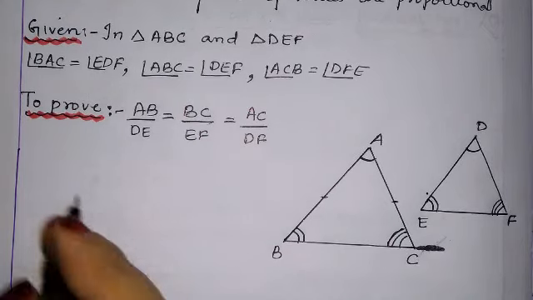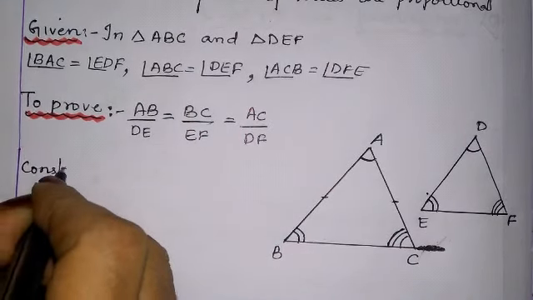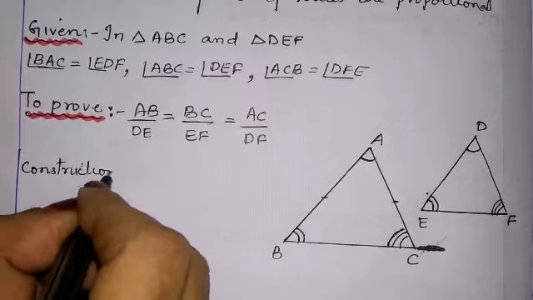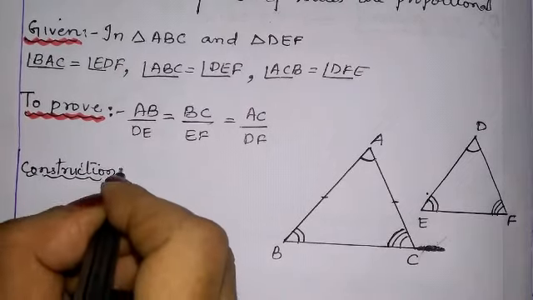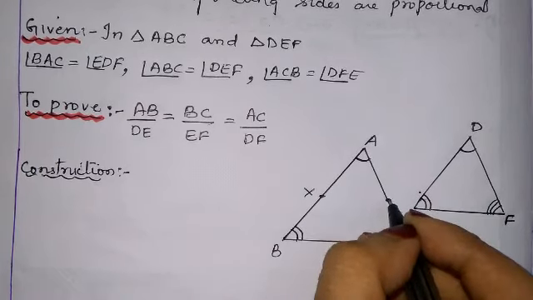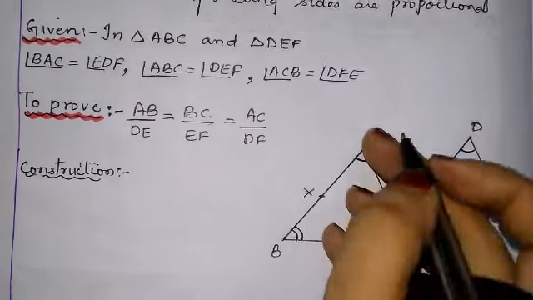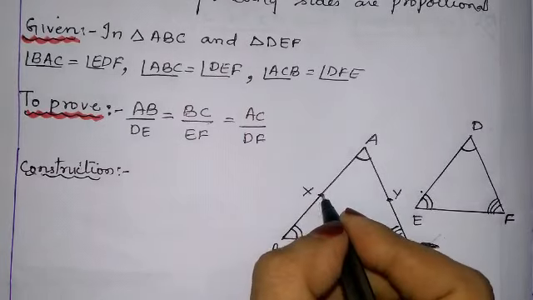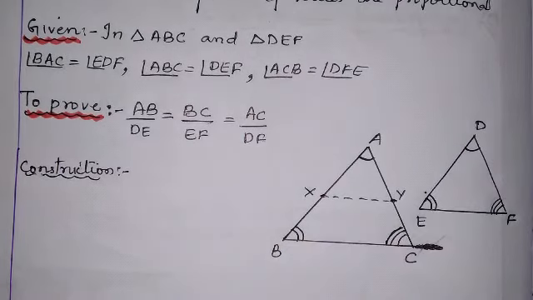Now to prove this, let us draw a small construction. We need to make some changes in the figure. Mark points X and Y, X on AB and Y on AC, and join XY.